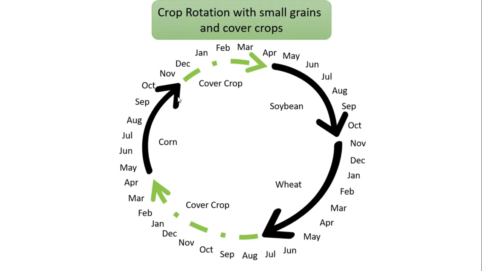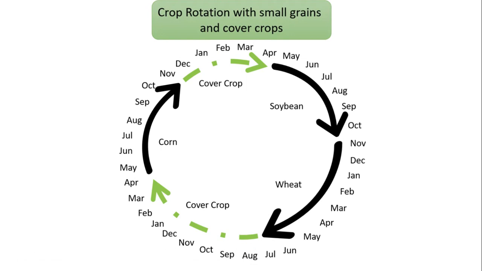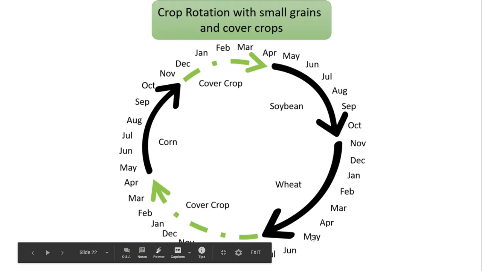And for farmers, it's really a matter of what crops do you want to grow that are going to make you money, and how can you maximize your land and at the same time, at least maintain, if not build, your fertility while you're making money growing those cash crops. The nice thing about cover crops is a lot of them you can grow over winter. And so it's really an off season for your cash crops. And so you can be building the soil when you're not making money.